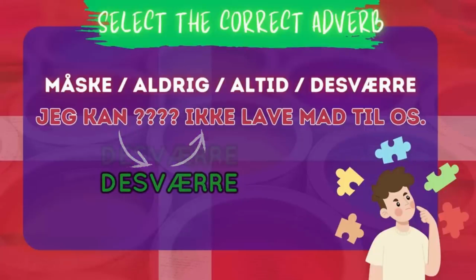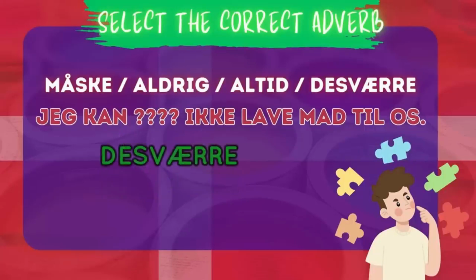And technically, here we have two adverbs, desværre and ikke. Although ikke is not so obviously an adverb, it is an adverb. So always consider where you're putting ikke in relation to your sentence. But usually, when there are two adverbs together, that is, there's an adverb and there's the word ikke, more often than not, ikke is going to come after. Desværre ikke. But I could have also used måske.